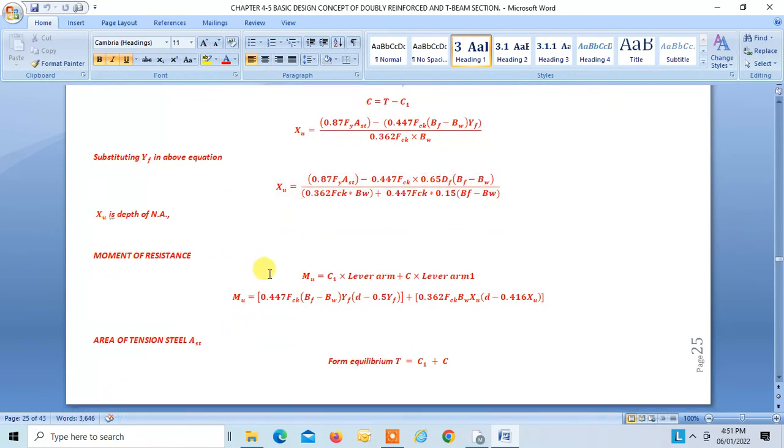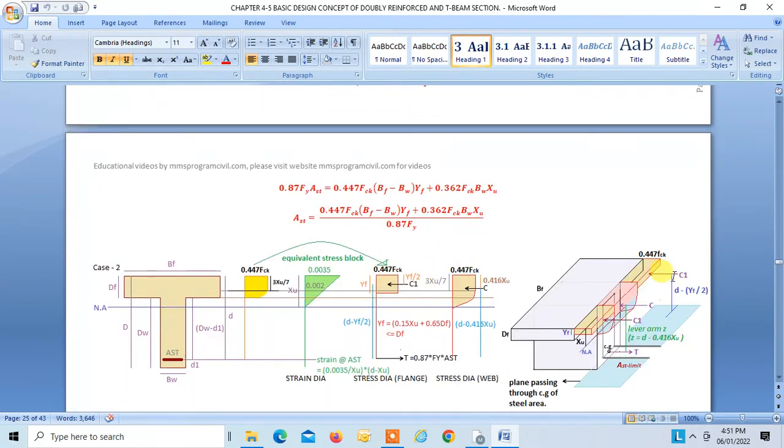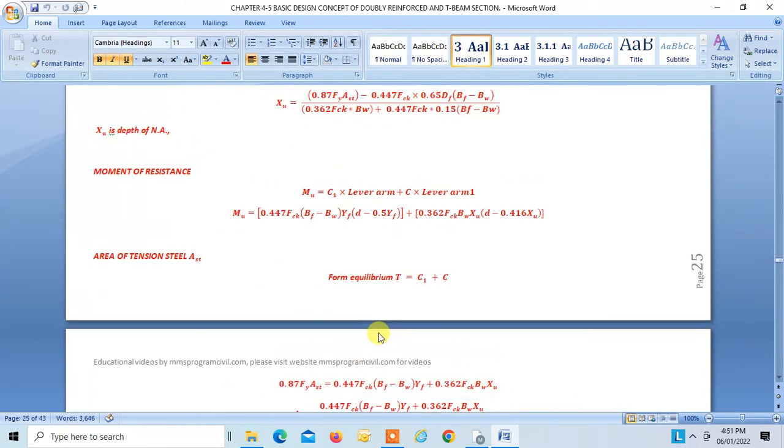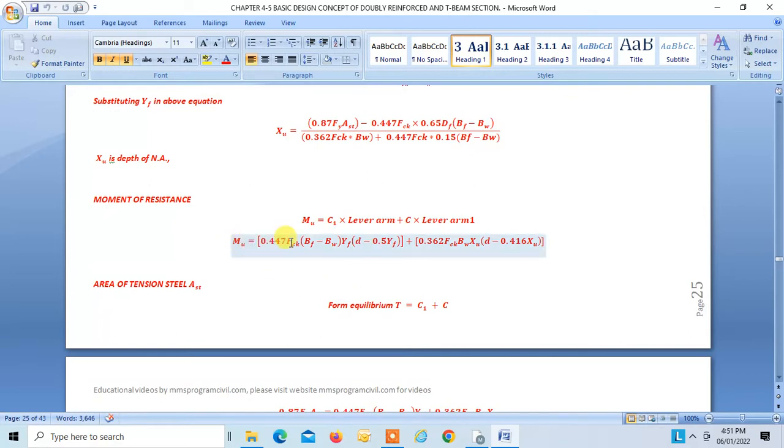Now the moment of resistance is simple. You take C1 into lever arm plus C into lever arm, okay. C1 we know, the lever arm is this. C we know, into this lever arm, right? So that is how we get over here, okay. This is C1, this is the lever arm, this is C, and this is the lever arm, right?